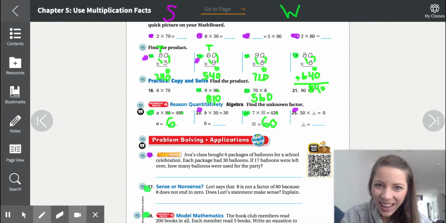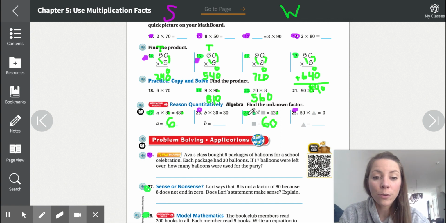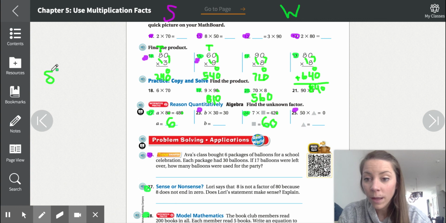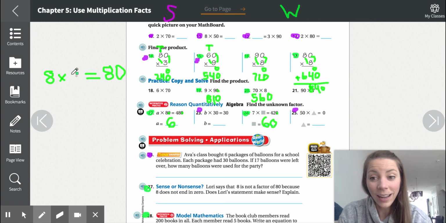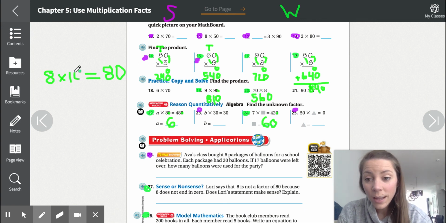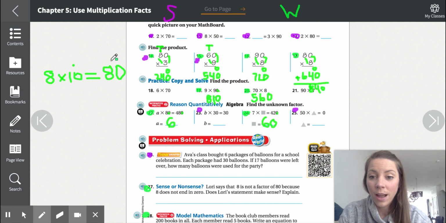No, right? Because there has to be another number that you multiply by that 0 number. So can you multiply 8 by something and it gets you 80? What number? 10. So the 10 is a factor of 80 and the 8 is a factor of 80. So it does not make sense because 8 times 10 is 80.